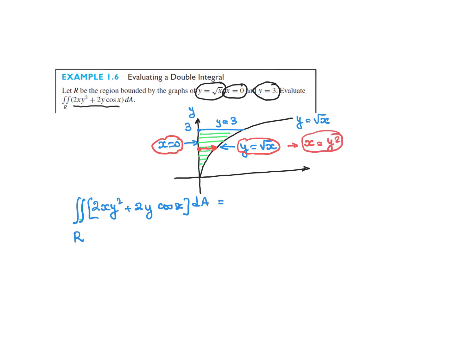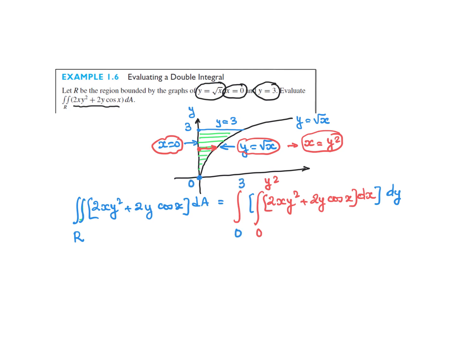So this integral, I can actually write as the integral from 0 to y squared of 2x y squared plus 2y cosine x, dx, and then the answer will be integrated with respect to y from 0 to 3.